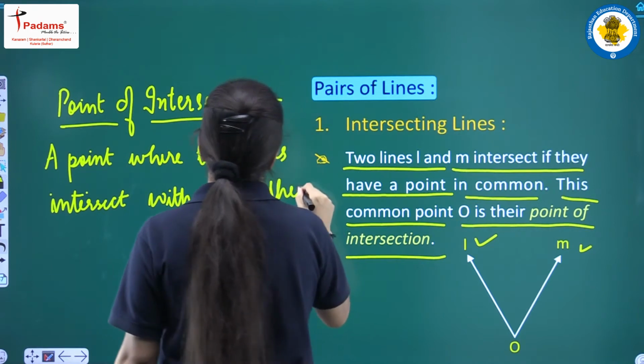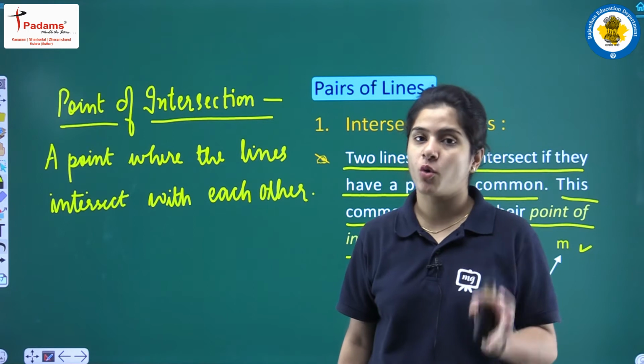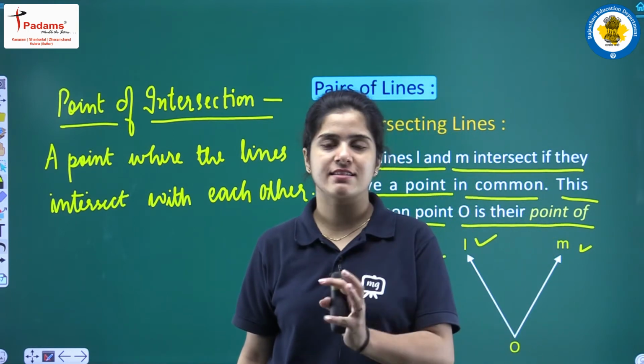Alright, so basically what do you mean by the point of intersection? Point of intersection is the point where the lines intersect each other.